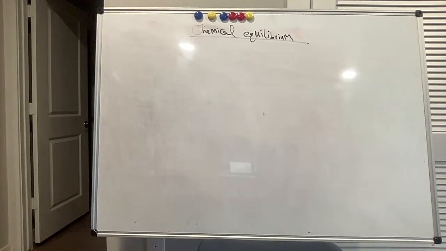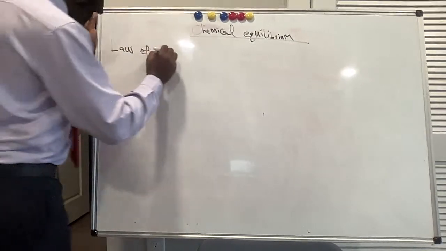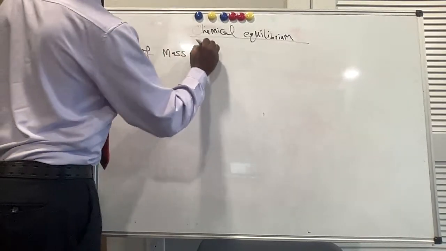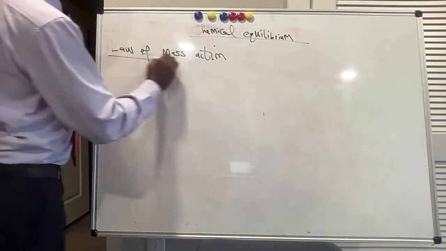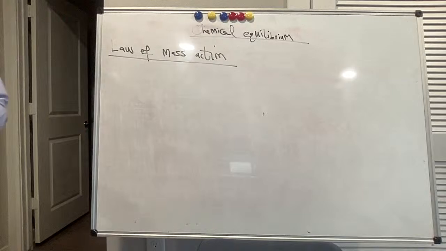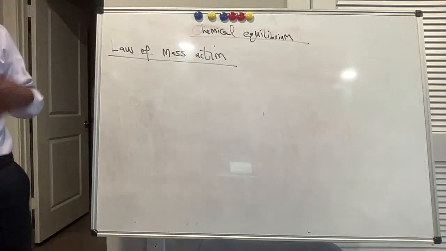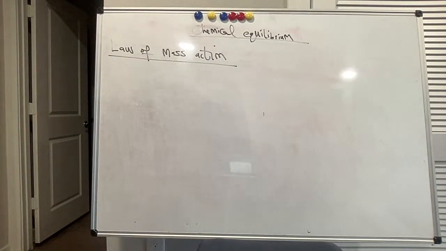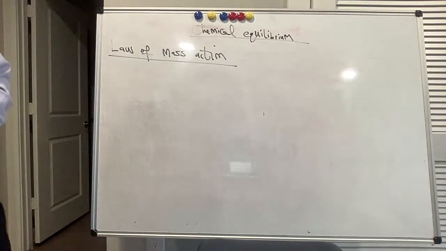Now let's look at the law of mass action. The law of mass action says that at a constant temperature, the rate of reaction is proportional to the product of the active masses, or concentrations of reactants.